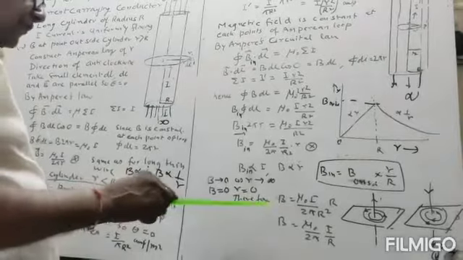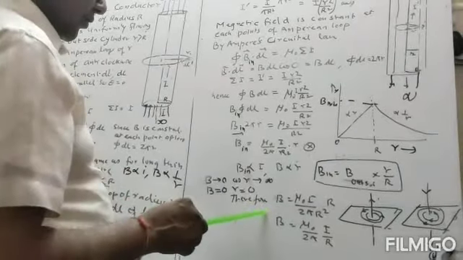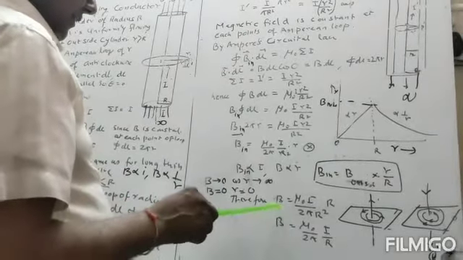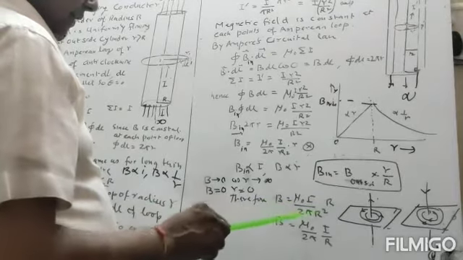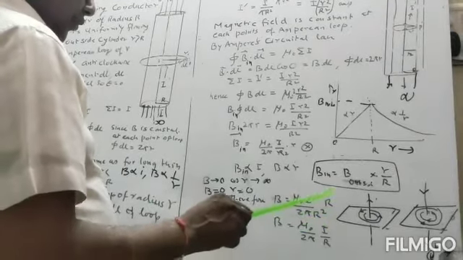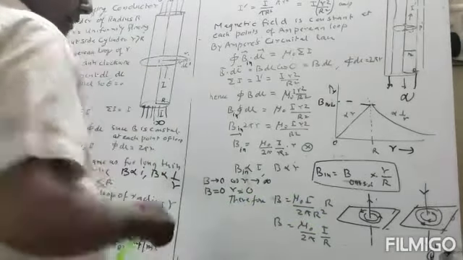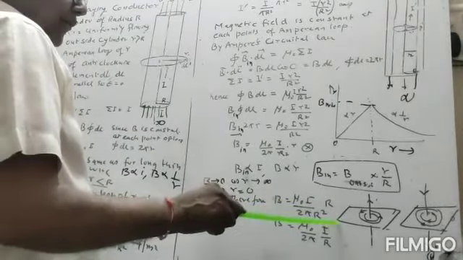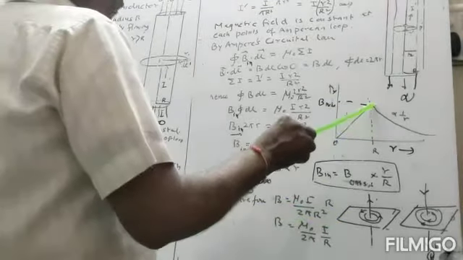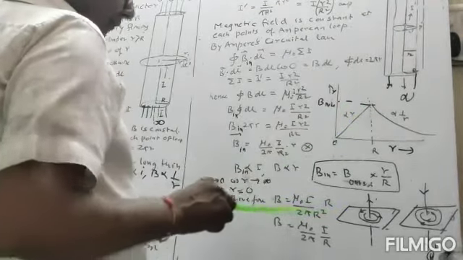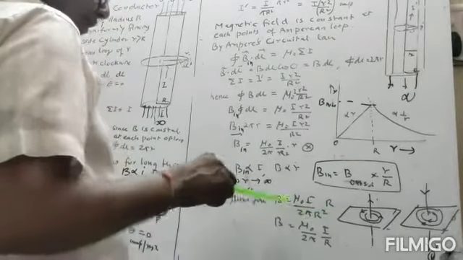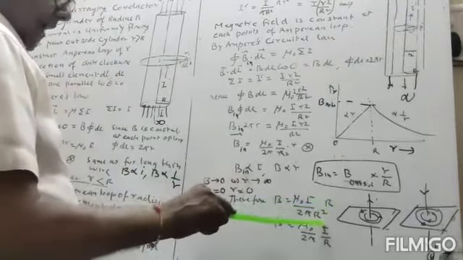So therefore, we can write B is equal to mu 0 I by 2 pi R squared into r. If we want to find it at the surface, small r will be equal to capital R. So we put small r equal to capital R. This R will cancel.